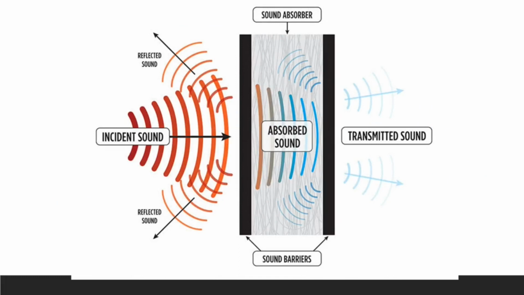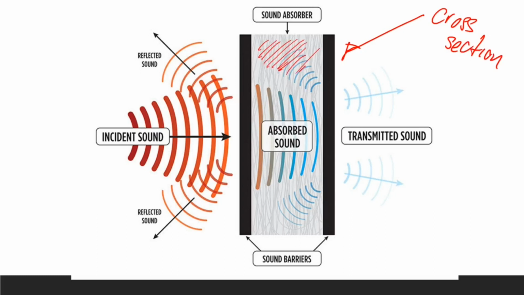Okay, so taking a look at this image, we can see typically a cross section of a wall. Inside here, it depends on the specification of the architect, really.